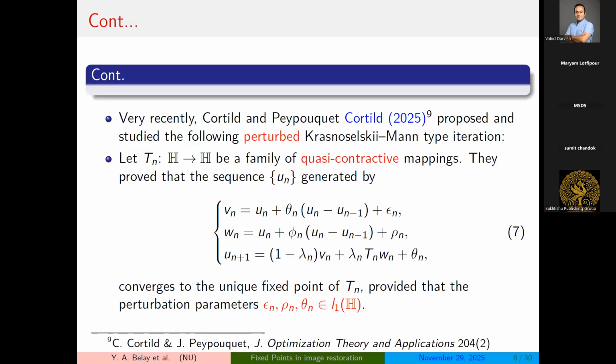And here, what they did was they added some perturbation parameters, like you can see in iteration number 7. So they proved the convergence of the system to the fixed point of this Tn, where Tn are the quasi-contractive mappings. But here strong conditions on the perturbation parameters were imposed, like these perturbation parameters are assumed to be in L1.